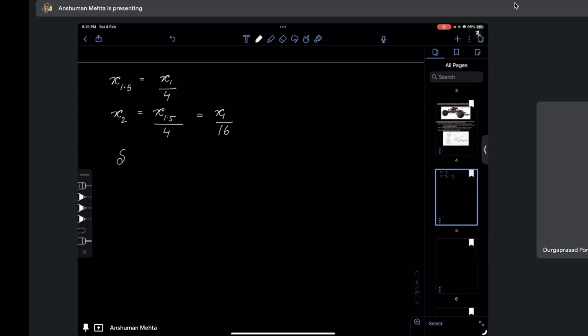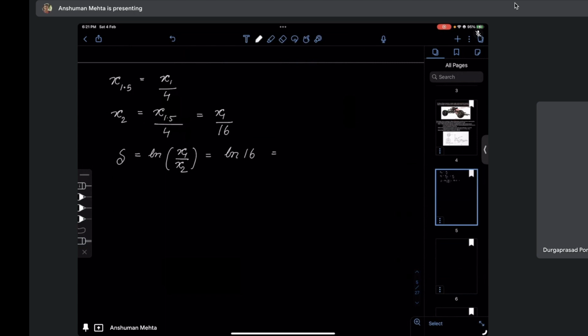Now we can define logarithmic decrement delta is equal to ln x1 by x2, which will be equivalent to ln 16, which we can actually calculate.